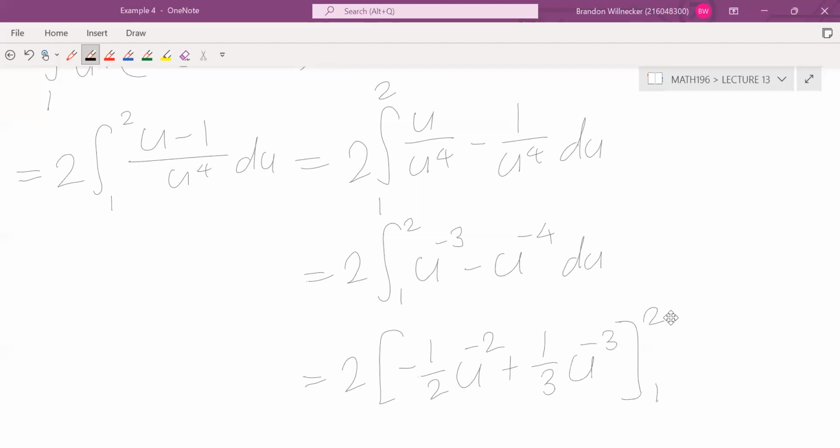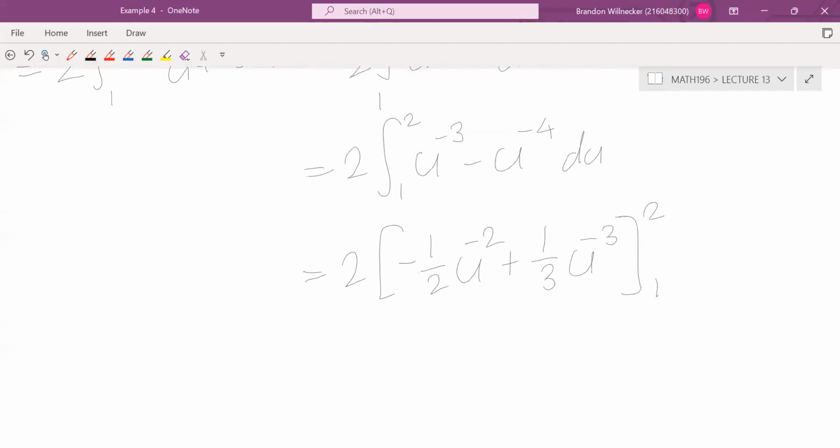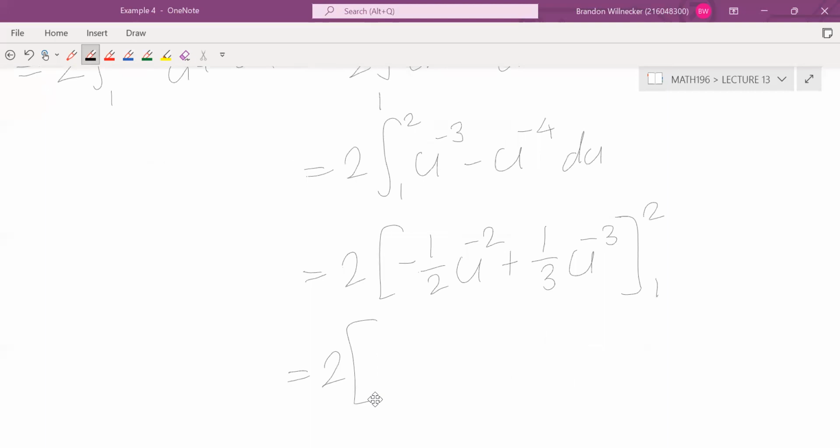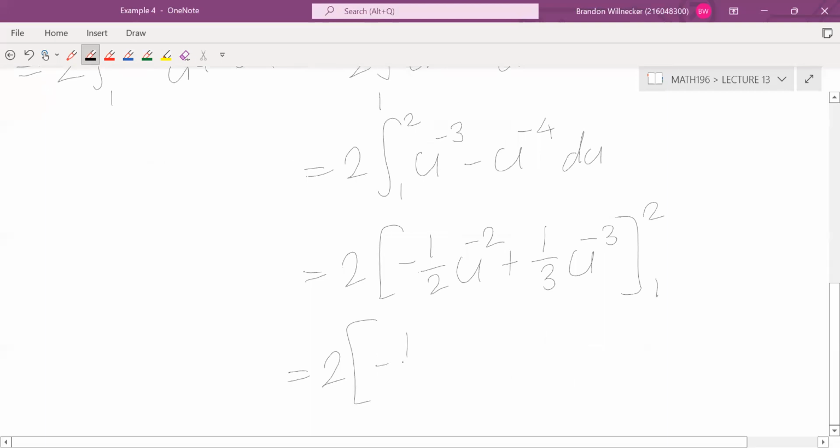Good, so all of the integration is done. We just need to substitute now. So let's substitute the 2 first. We're going to have minus 1/2 times 2 to the minus 2, that's going to be 1/4.